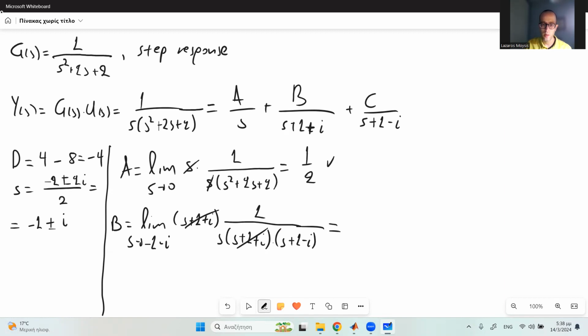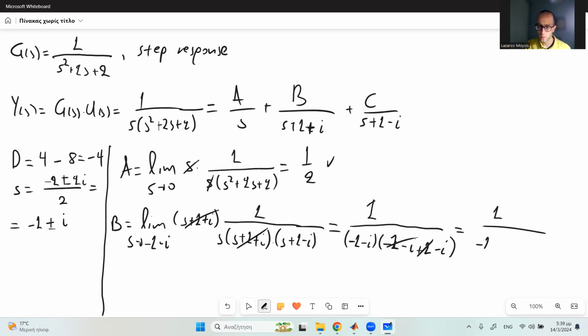Okay, so this requires a couple of operations. Okay, so it is going to be a bit tiring, but nothing extreme. Minus 1 minus i multiplied by minus 1 minus i plus 1 minus i. So we have 1 over minus 1 minus i multiplied by minus 2 times i.